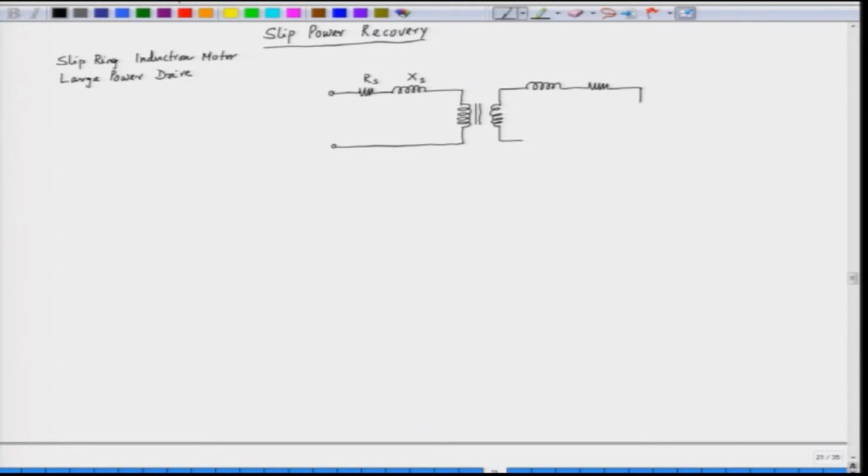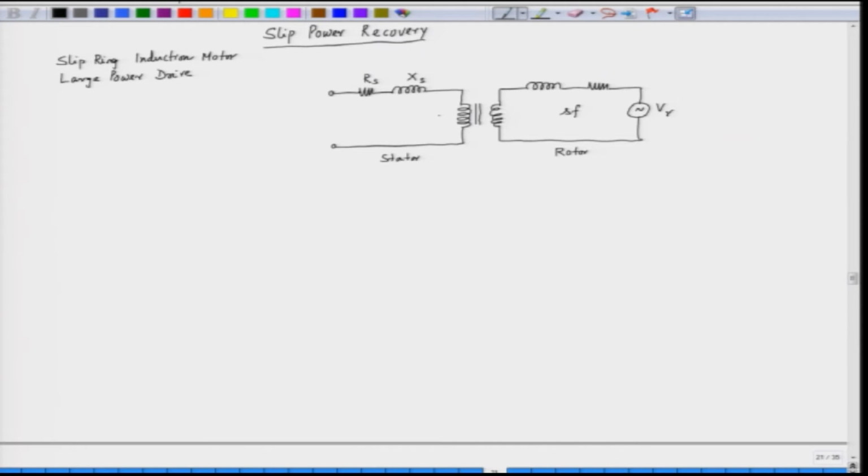What we do here is insert a voltage source of a specific frequency. This voltage source is VR, and as we know the frequency in the rotor is SF. This is the stator circuit and this one is the rotor circuit.